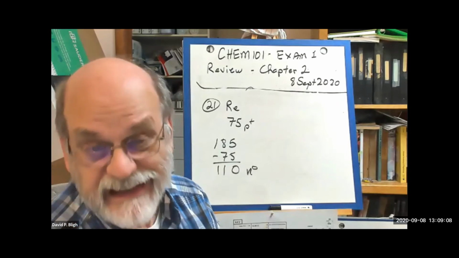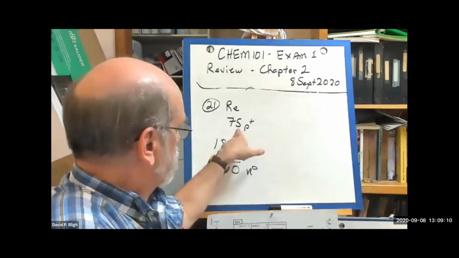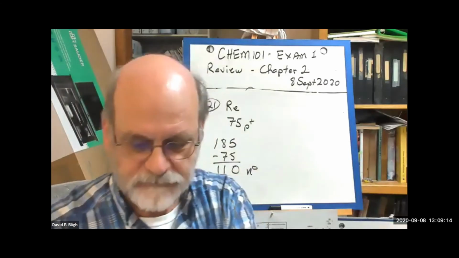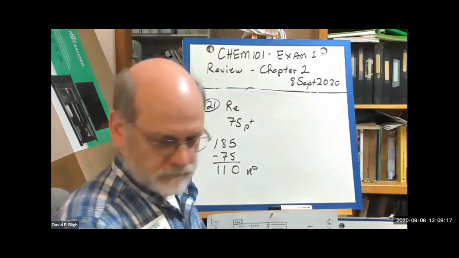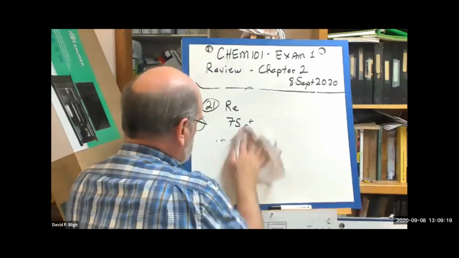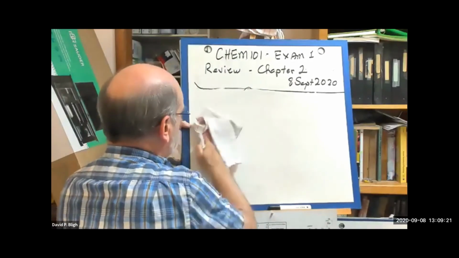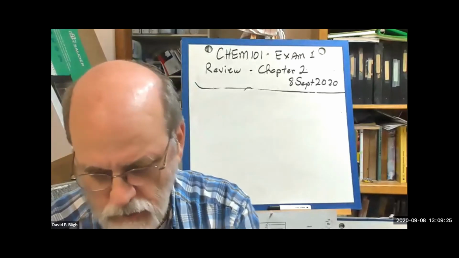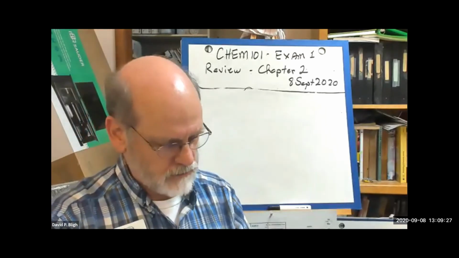So that looks like D. 75 protons, 110 neutrons in the nucleus. Okay, moving right along.